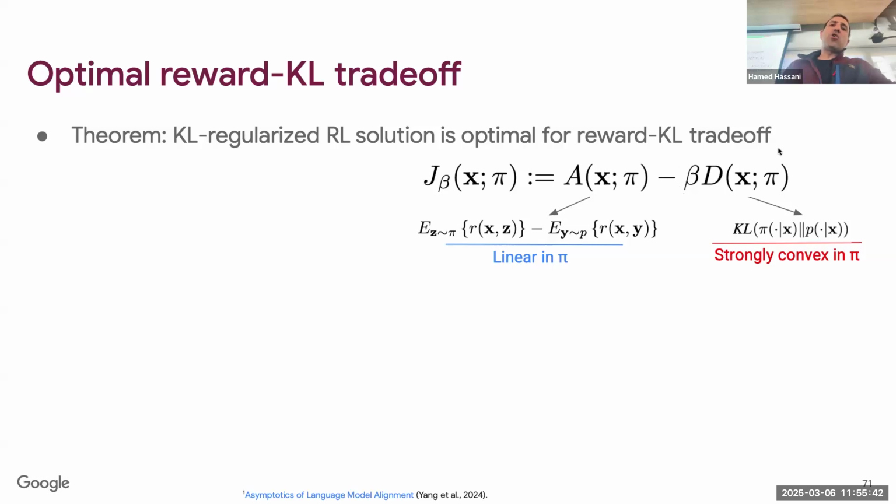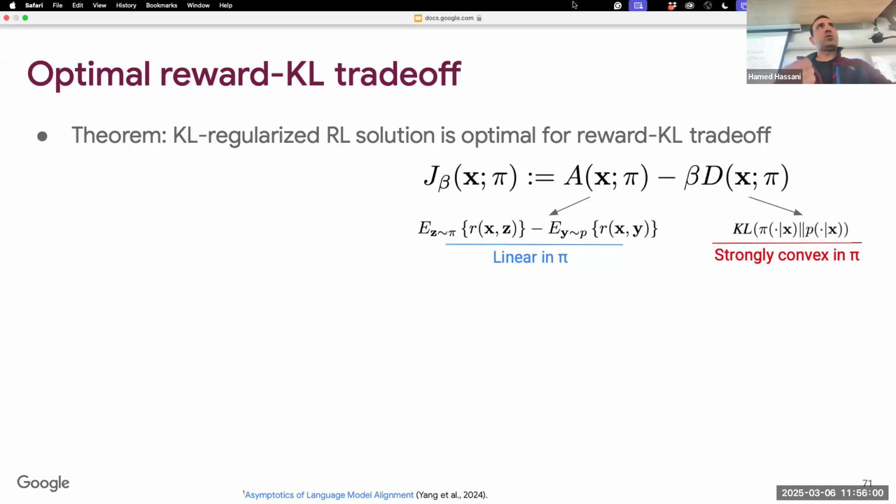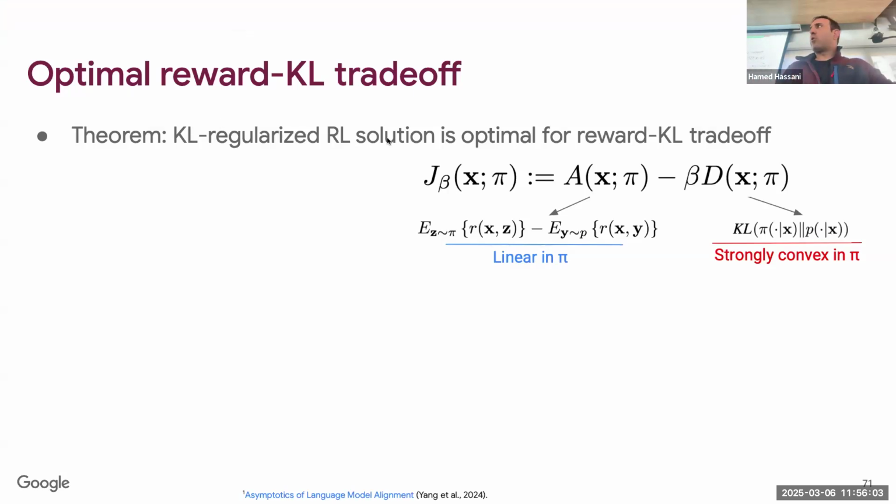But given that this is strongly convex and this is linear, it also means that for every given KL level, if I look at a constrained problem, the value I get for expected reward has to be maximized by my KL-regularized RL solution. So in other words, on the reward versus KL plane, it has to dominate every other method, and specifically, it has to dominate best-of-n.